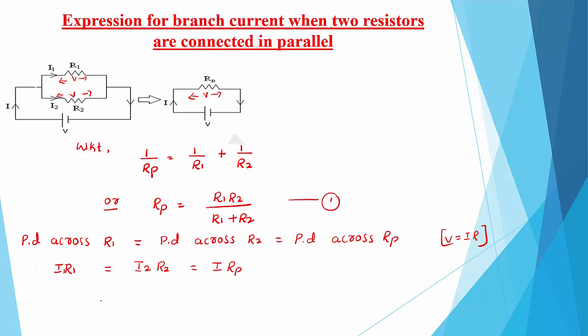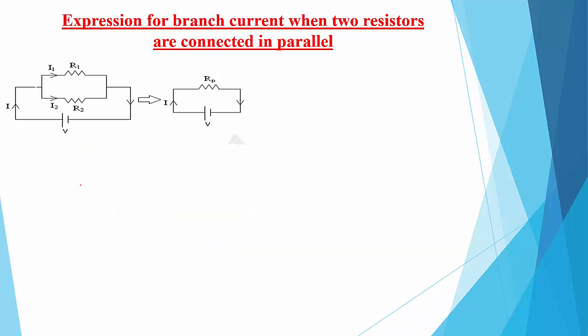Now I am going to consider the first condition. Suppose I1 R1 is equal to the equivalent I Rp. Let us consider this condition: I1 R1 is equal to I Rp.